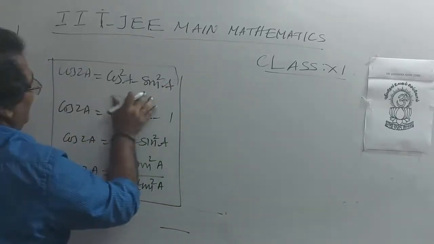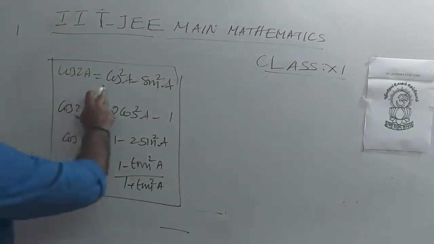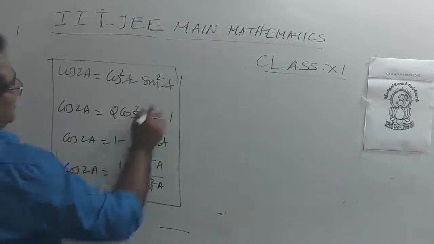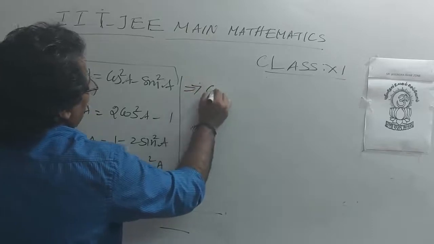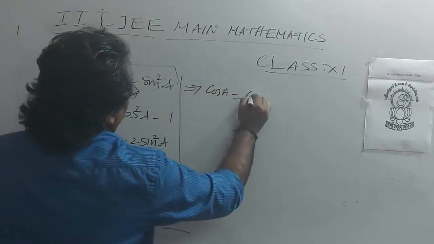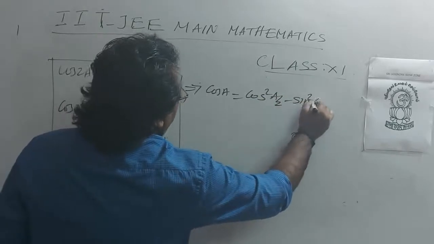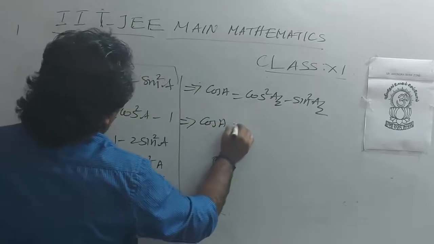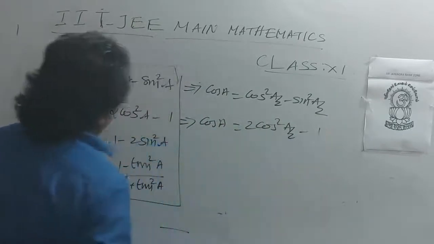So we have 4 formulas for cos 2a, in terms of cos and sin, in terms of cos, in terms of sin, in terms of tan. From this, cos a equal to cos squared a by 2 minus sin squared a by 2. From this, cos a equal to 2 cos squared a by 2 minus 1.